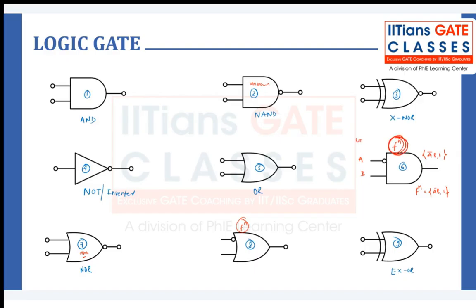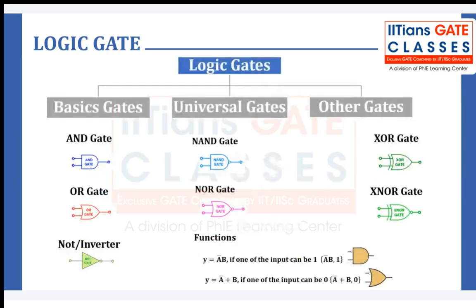Whenever we design a universal gate, we will use this, so it falls under universal gates. A few functions can also work as universal gates. If I take A and B, this will be A bar plus B comma 0, meaning one of the legs can be 0.